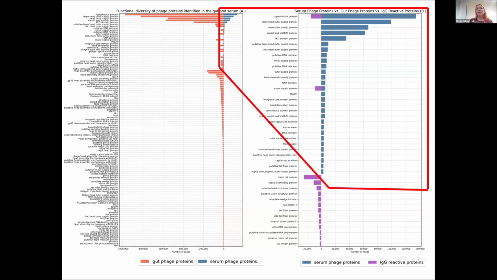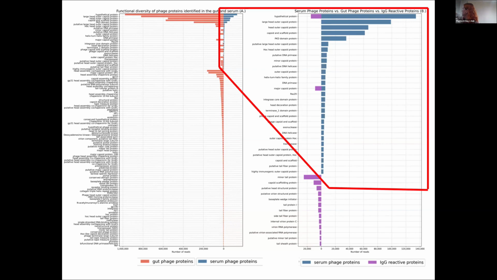And in violet, we have the antigens that could be recognized in these patients by their IgG, the result of PhageScan technology. As you see, there is a huge amount of phage antigens in the gut, way less, but still detectable in the blood.